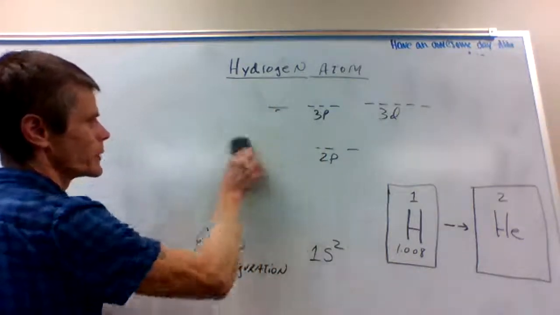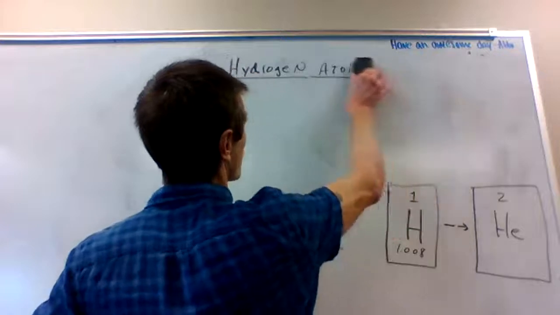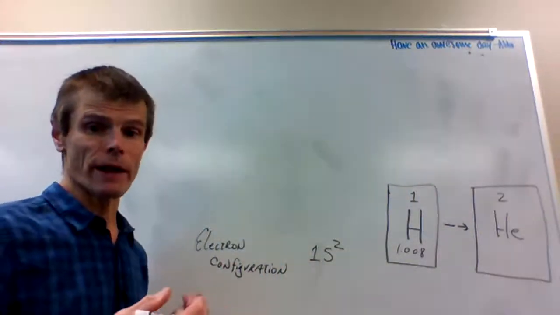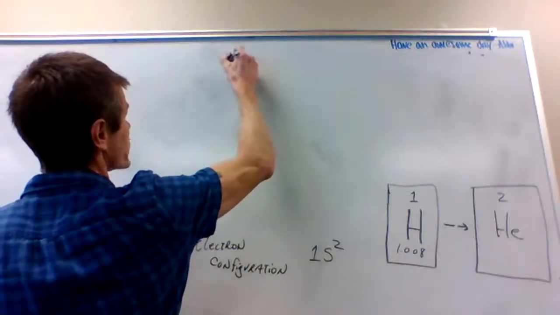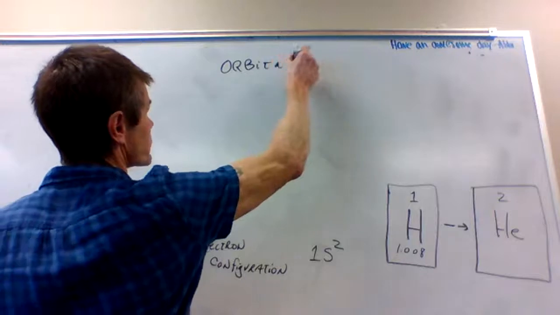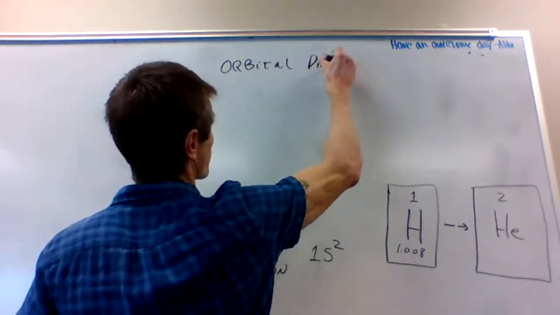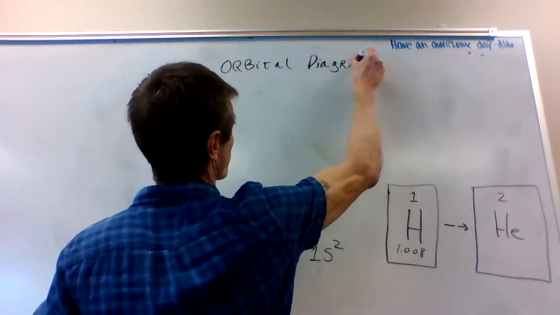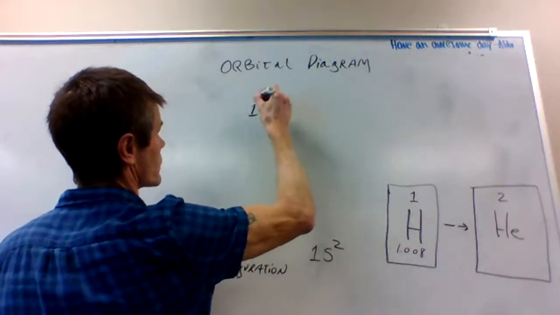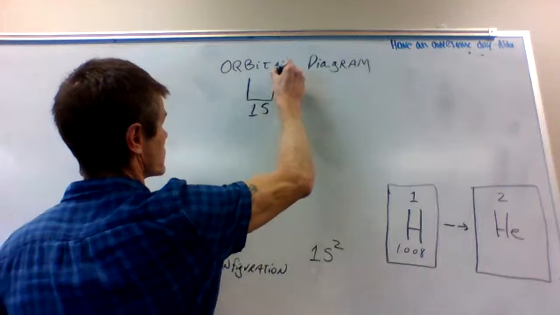And let's write the orbital diagram for helium. We need to use a rule to write an orbital diagram for this situation. So this is the orbital diagram for helium. We have a box.